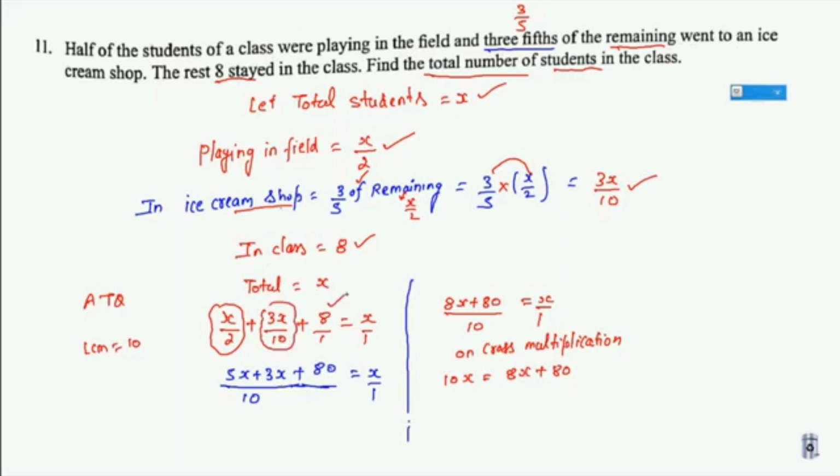So whatever the remaining, that is total minus playing in field x by 2. So it will be x by 2, x minus x by 2 is x by 2. So 3 by 5 into x by 2, we get 3x by 10. And in class it is given 8 students. Total when we will add, it should be x, because total number of students we have supposed x. We will solve it.